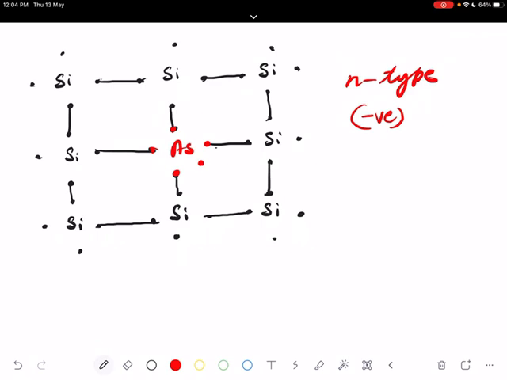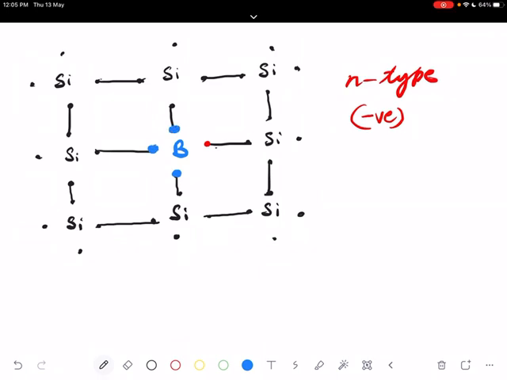If you dope this silicon with a 13th group element, for example, boron, instead of arsenic, then what will happen? Boron has only 3 electrons in the valence shell.